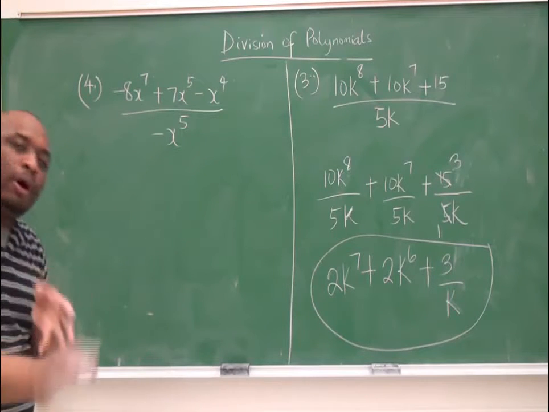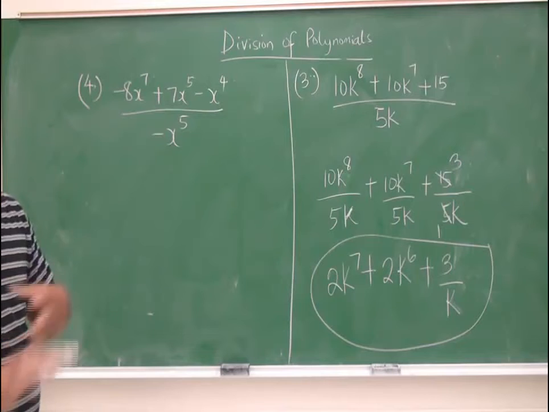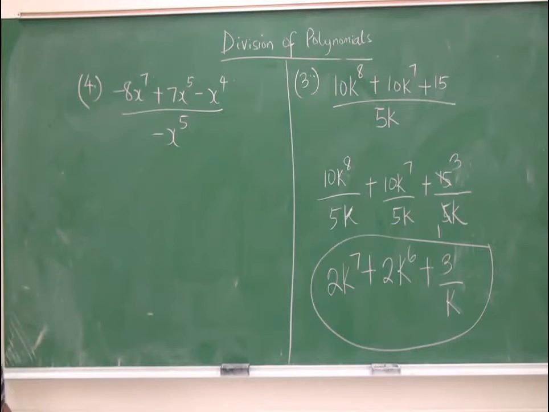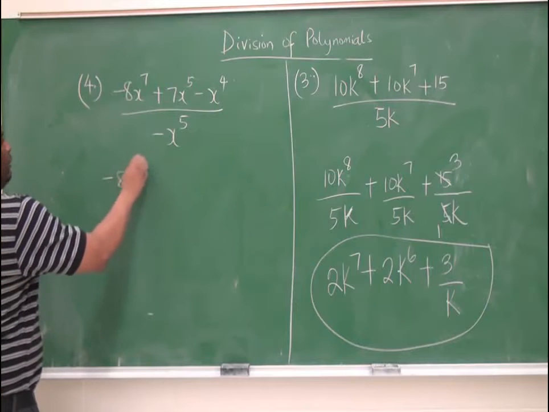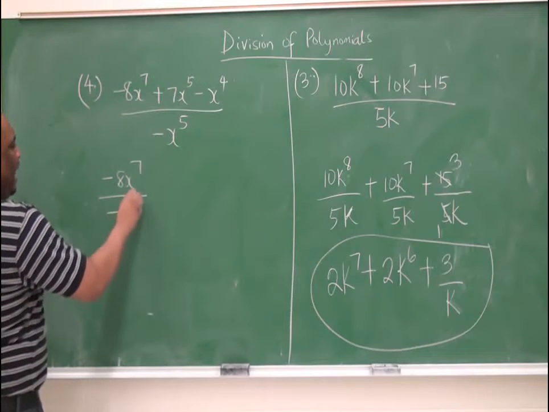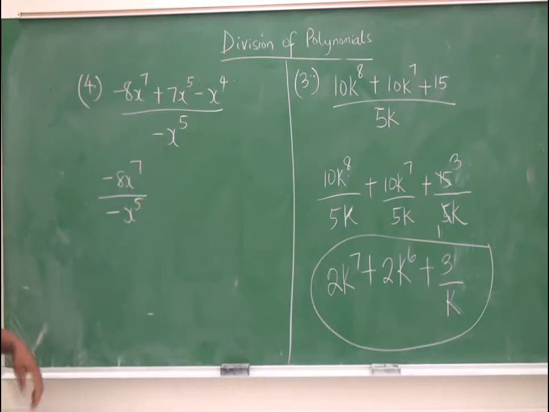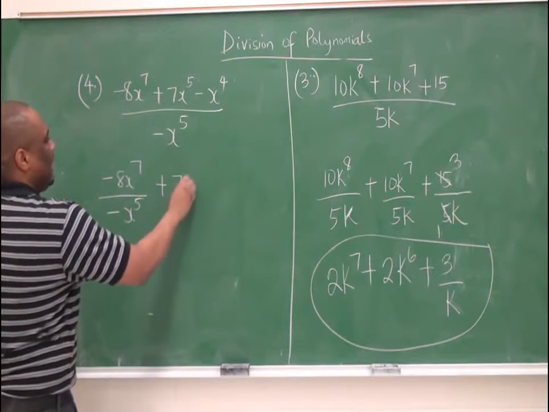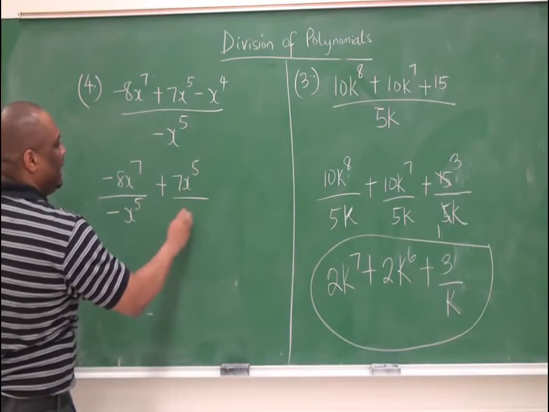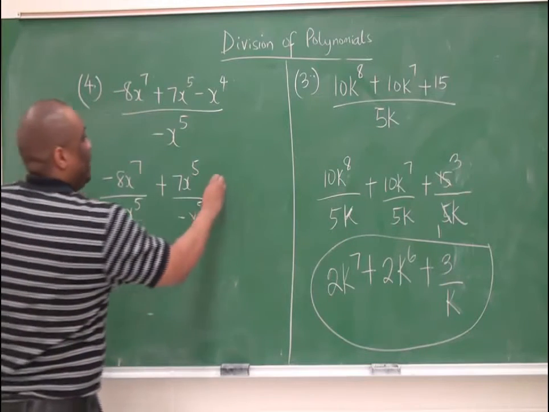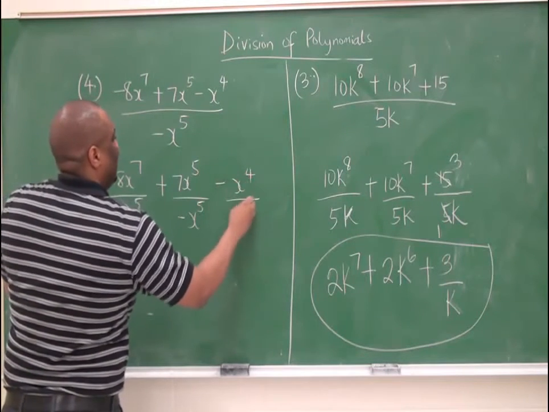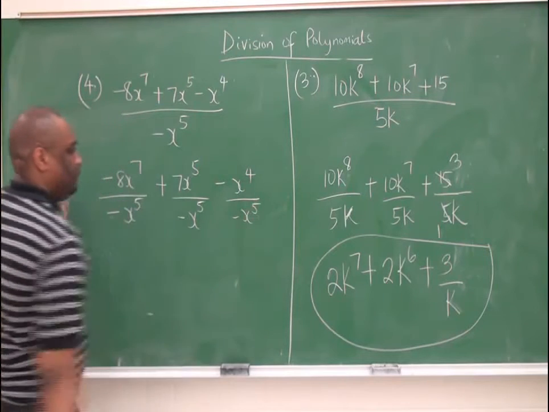Now, it is good that you pause the video before you continue. So this will be negative 8x raised to the power 7 over negative x raised to the power 5, plus 7x raised to the power 5 over negative x raised to the power 5, minus x raised to the power 4 over negative x raised to the power 5.